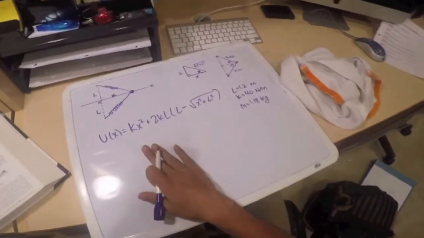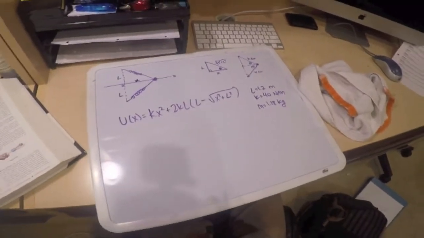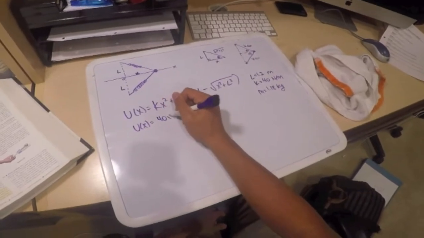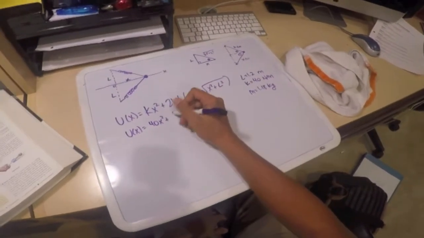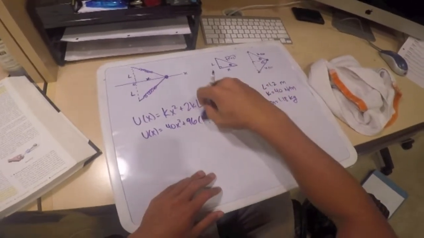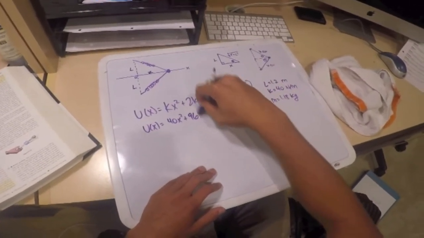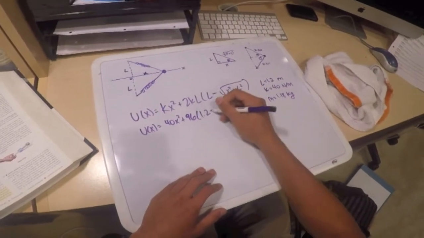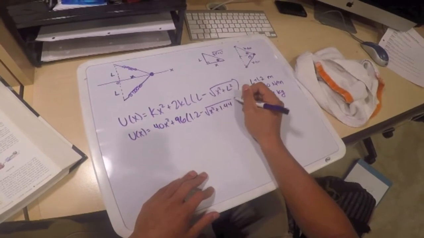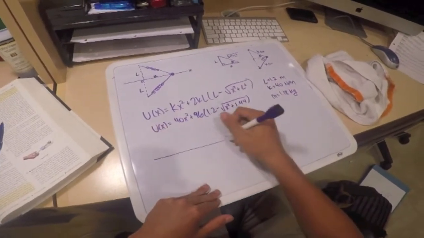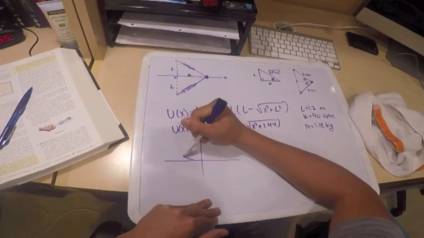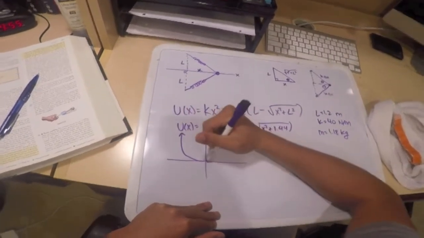So they want us to graph potential energy as a function of x, so our function is going to be 40x squared plus, if you plug that stuff in, 96 times 1.2 minus the square root of x squared plus 1.44. If you graph that, you get a function that looks kind of parabolic, but is flatter at the bottom, and then it just gets bigger.